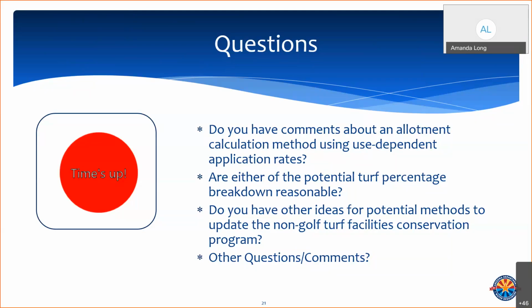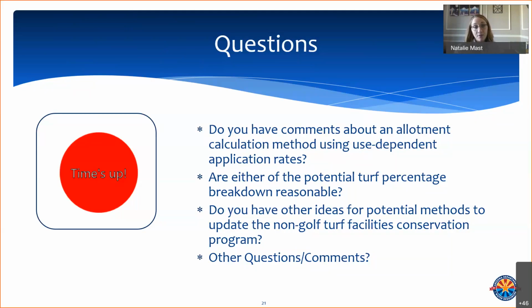Sure, and I certainly appreciate the concern, Adria, about additional complexity. I think you all who attend these meetings hear pretty regularly about some of our resource limitations at ADWR, so we as well are certainly concerned about complexity of the program.